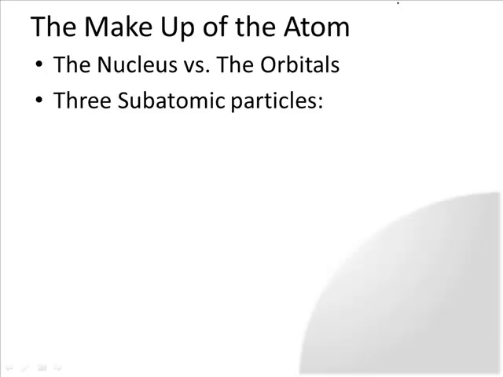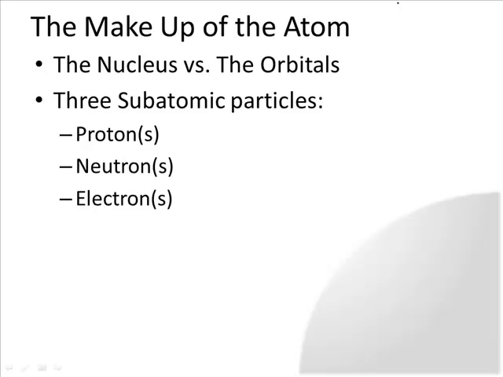The term subatomic means smaller than the atom, and these three subatomic particles are, of course, smaller than the atom itself. They include the proton, the neutron, and the electron. Each of these subatomic particles brings with it unique characteristics and helps to influence which type of atom we're dealing with. Let's look at them in more detail.